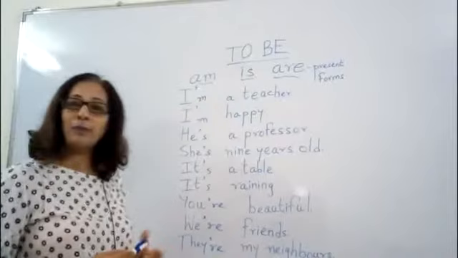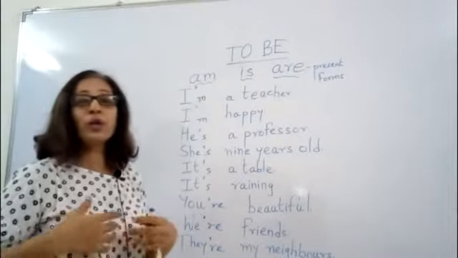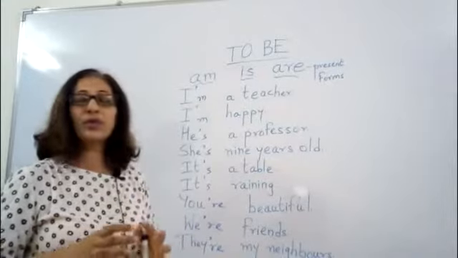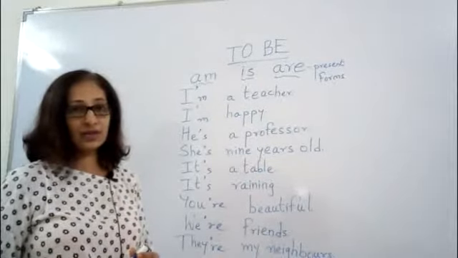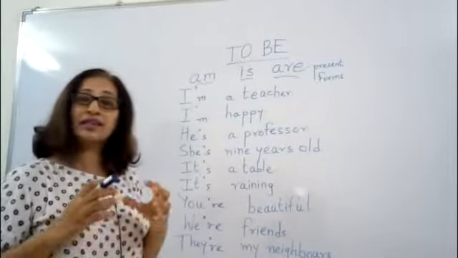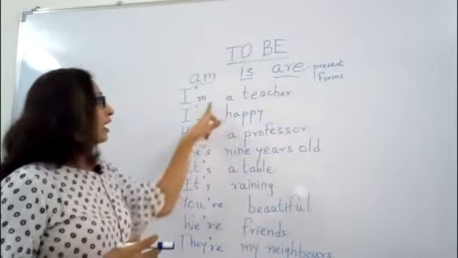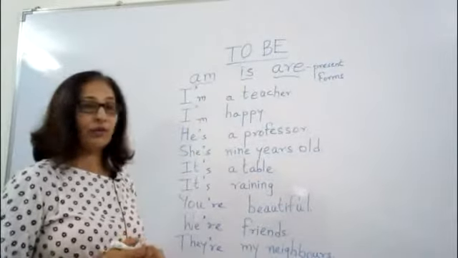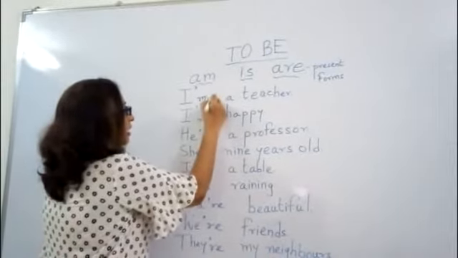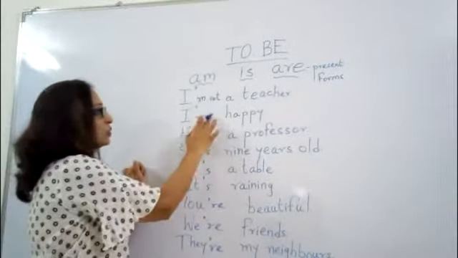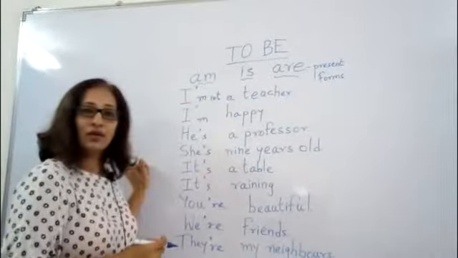Now these are positive sentences. Now we'll be making negative sentences. It's very simple. It's very easy to make negative sentences. You just have to add not, N-O-T, not, after am, is and are. Okay, you just have to add not next to am, is or are.